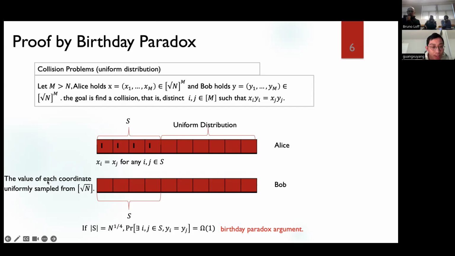Since each value is uniformly sampled from the square root n set, if S has large size, of size n to the power of 1/4, then there is a collision in S with high probability. This is by the birthday paradox. Okay, any question yet?